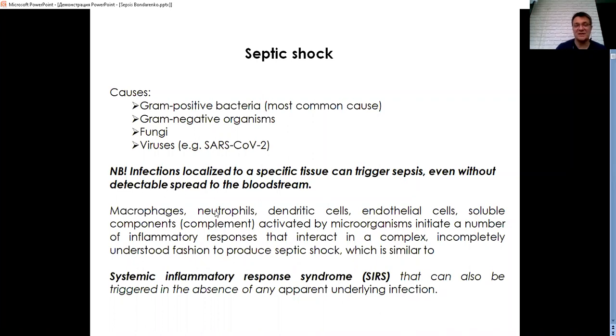Notice that infections localized to a specific tissue can trigger sepsis even without detectable spread to the bloodstream. So sometimes release of PAMPs may occur even without bacteremia. That's why I told you sepsis doesn't equal bacteremia, because in some cases bacteremia is not associated with sepsis. In other cases, there is absence of bacteria but presence of endotoxin.